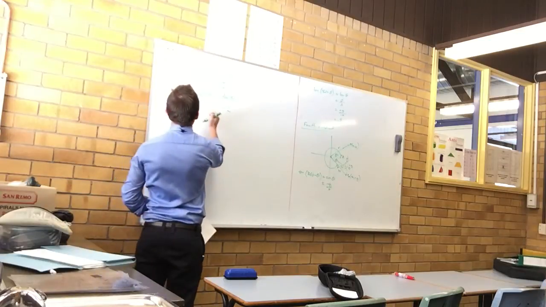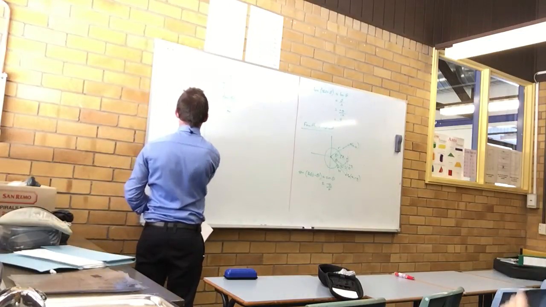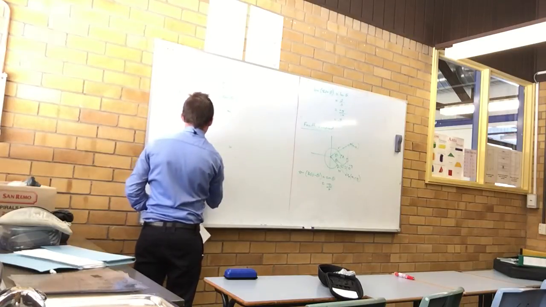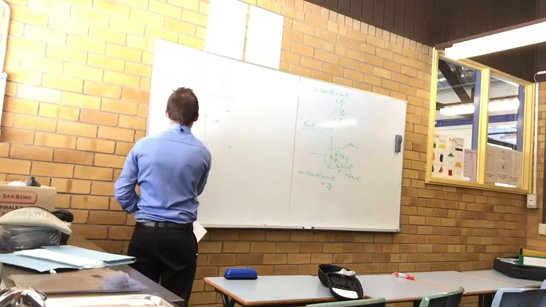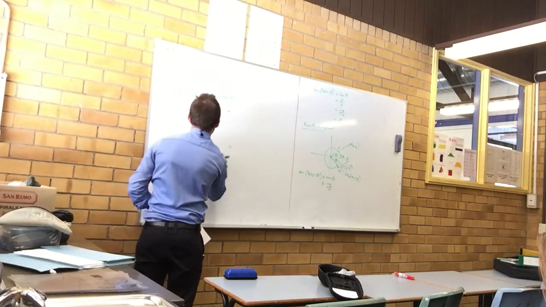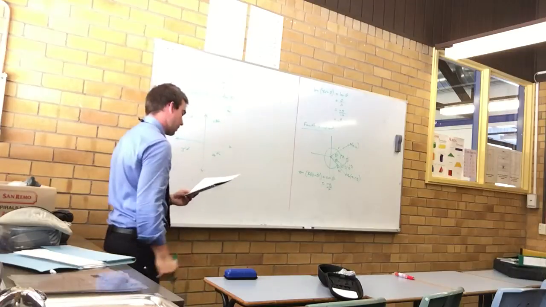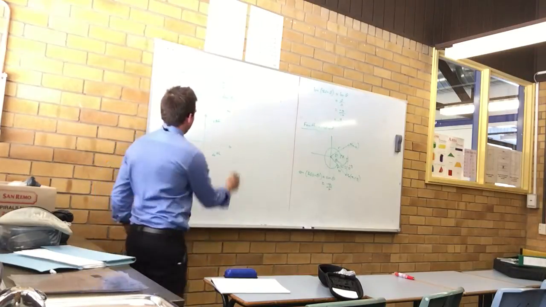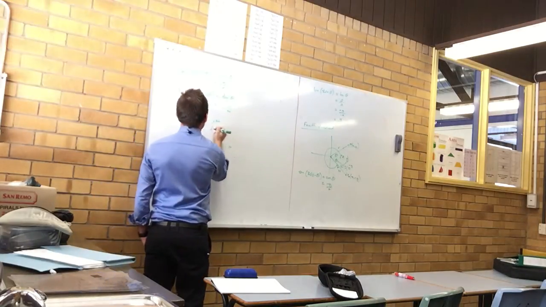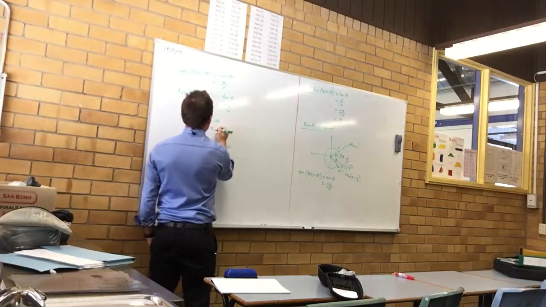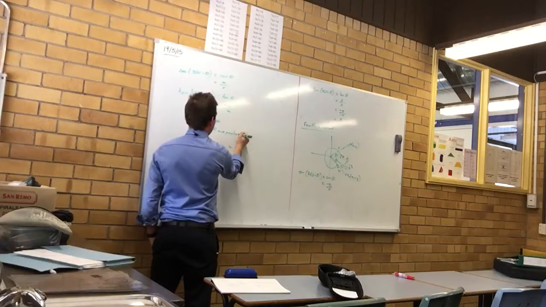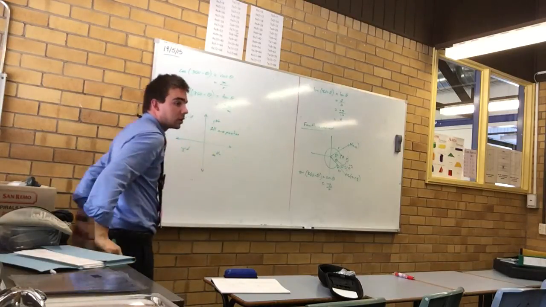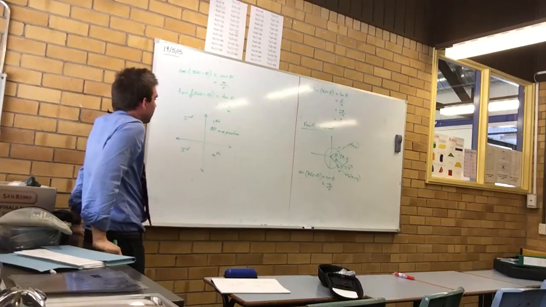Alright, so let's summarise that. So do another number plane. Alright, so we have the first, second, third, and fourth. Okay, so all sine, cos and tan of an angle in the first quadrant are positive.